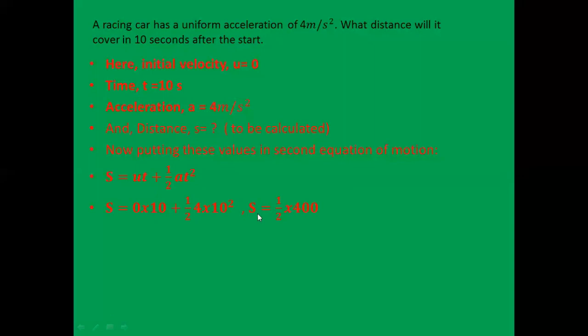Then s is equal to half into 400, since 4 into 100 is 400. Half into 400 is 200 meters. So the distance traveled by the car will be 200 meters.